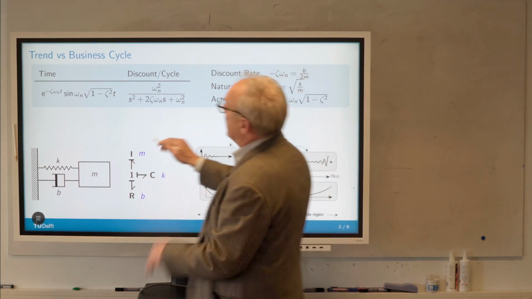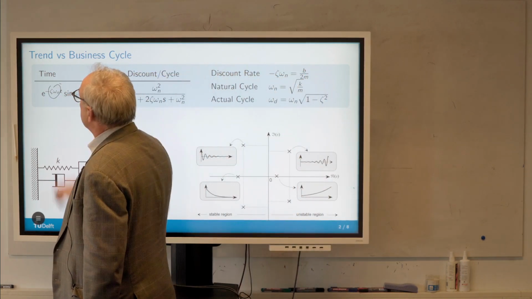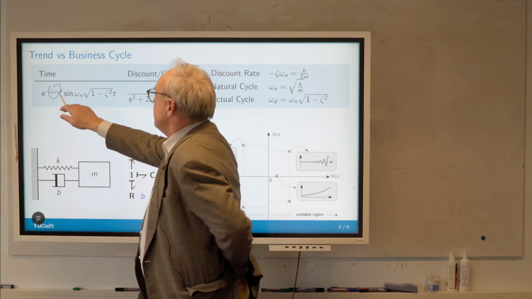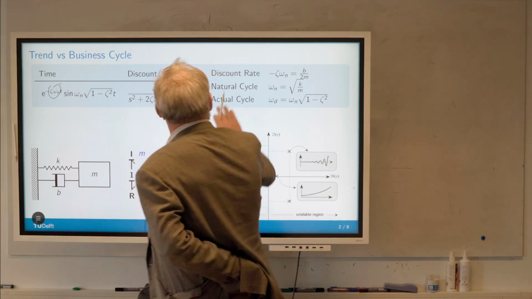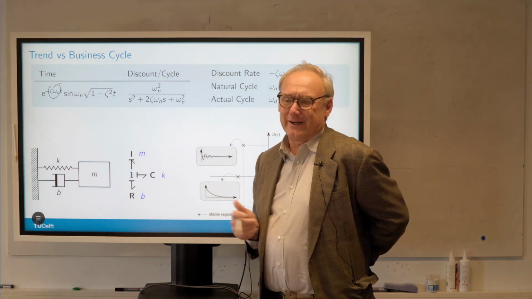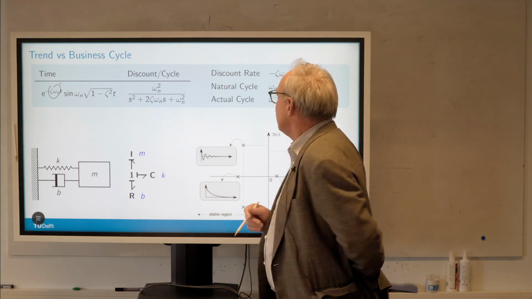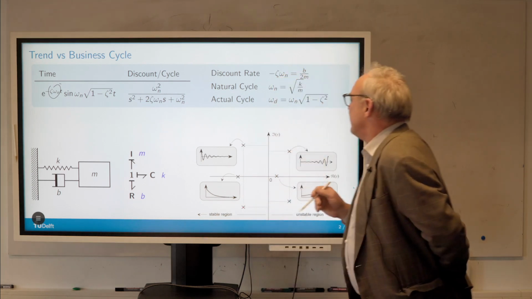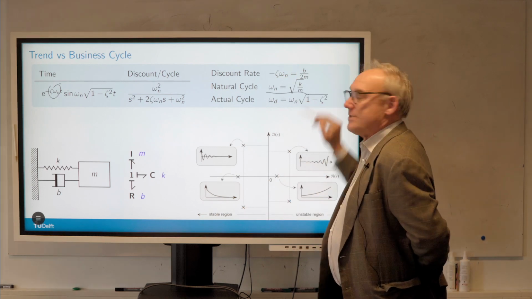You can do the detrending via this. The damping ratio will, you first have the natural frequency. They won't say frequency, they will say a cycle. They don't like the word frequency, okay? So they'll talk about a natural cycle, but they don't have a really good definition. We'll just use this, right?